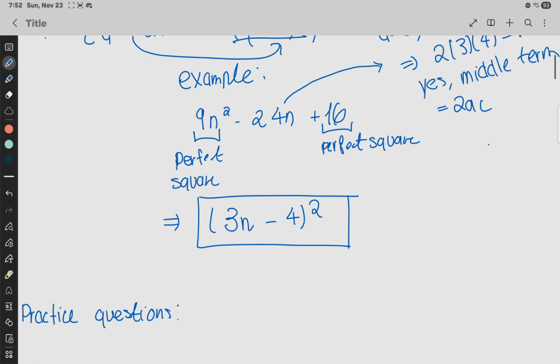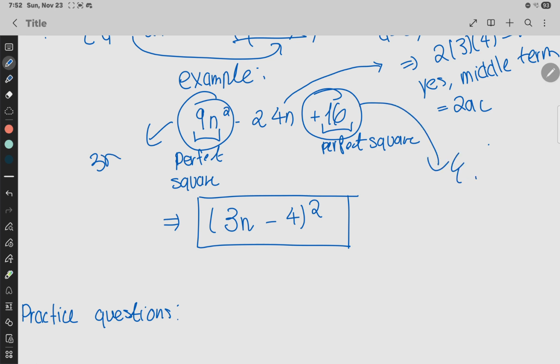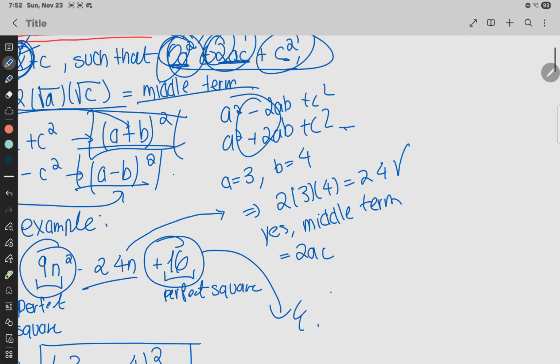Okay, so 9n squared minus 24n plus 16. We recognize that these two are perfect squares, right? Because 9n squared, the square root is 3n, and 16, the square root is 4. So we know that it's a perfect square, but now we have to verify that the middle term is 2ab.